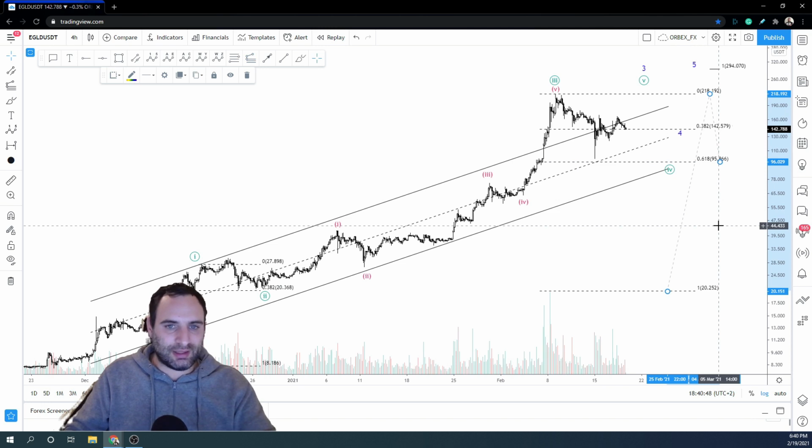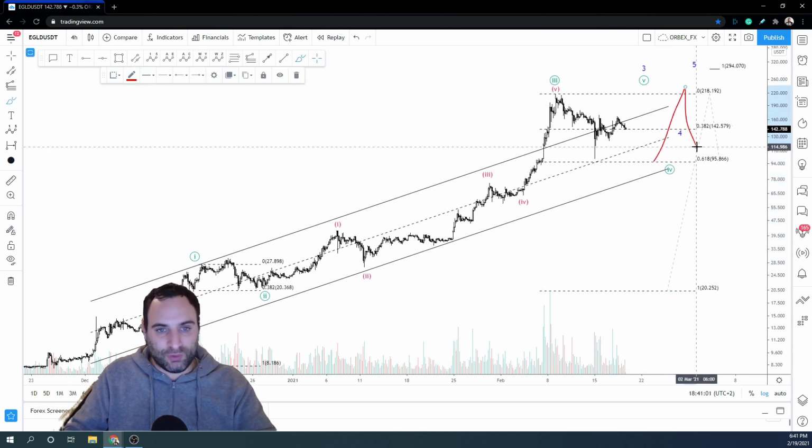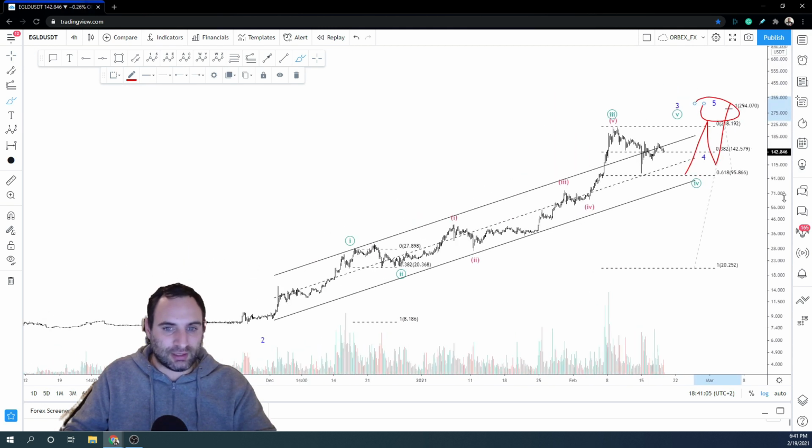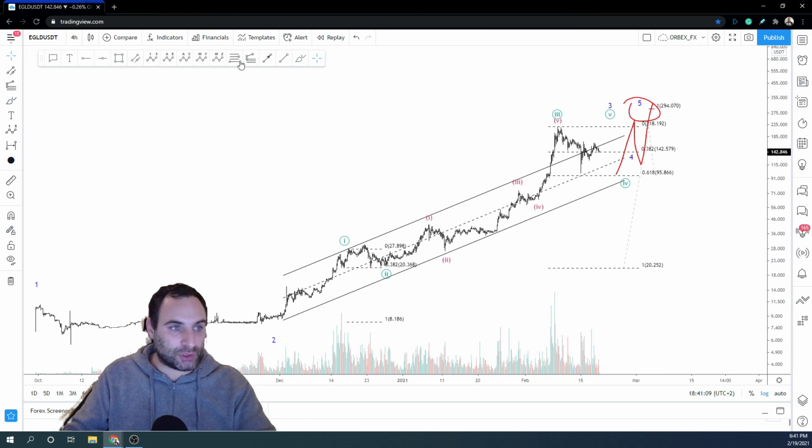As you can see, the projections do not change much, but it's where the correction ends that matters most, okay? Because after this is done, we're going to get the 3, we're going to get the 4, and then we're going to get the 5, okay? And once 5 is in, guys, then we're talking about big gains, potentially.